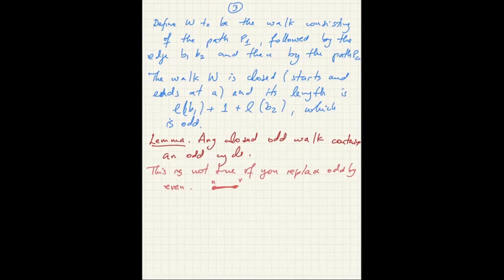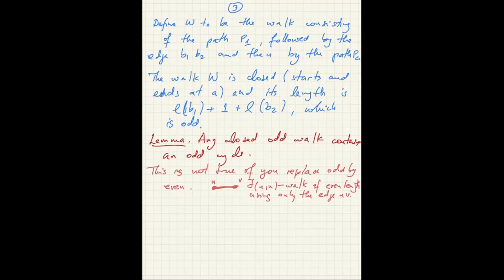So you can find a U walk of even length using only the edge UV. It just goes back and forth, and you can do as many steps as you want, 2, 4, 6, 8, and so on, even. But this walk obviously doesn't contain any even cycle.